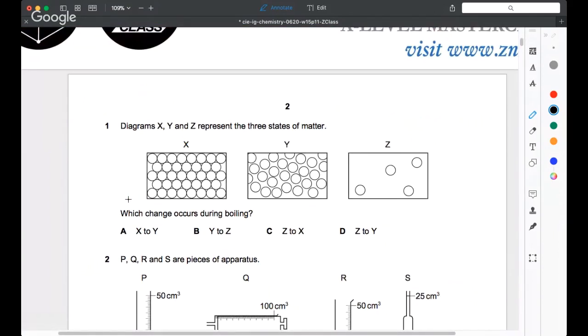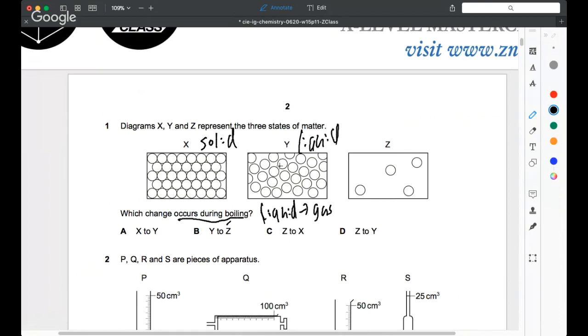So what changes occur during boiling? Boiling is a process where you go from liquid to gas. If you look at the three diagrams, it clearly says that X is a solid because all the atoms are in the bonded state, and Y is a liquid.